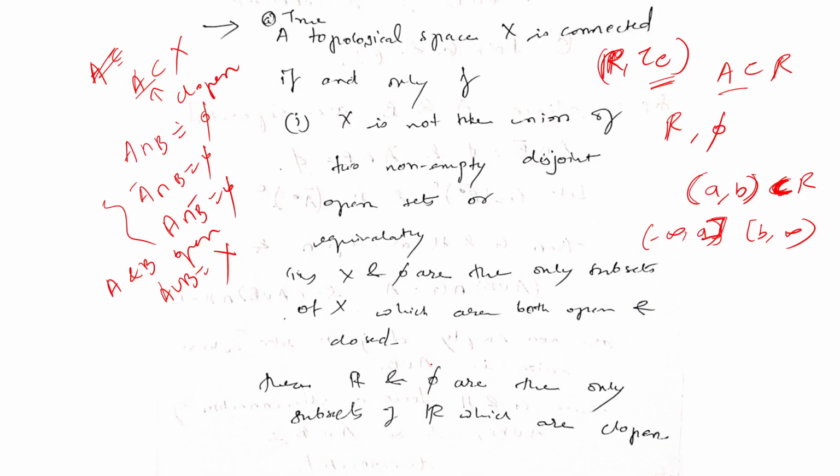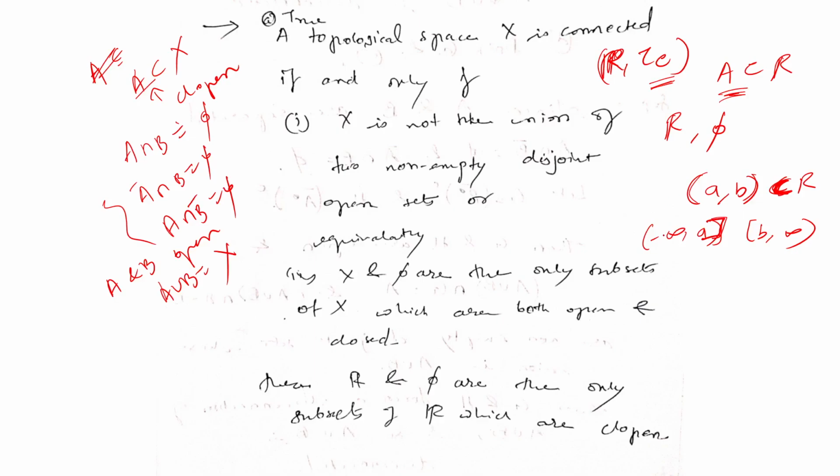So here you can see that R with tau e, that is the real line with the usual topology, we cannot find any proper subset A of R such that it is both open and closed. How can we prove it? If you take an open subset (A, B), a proper subset of R, is it closed also? No, right?